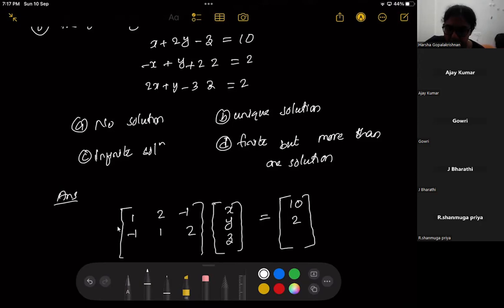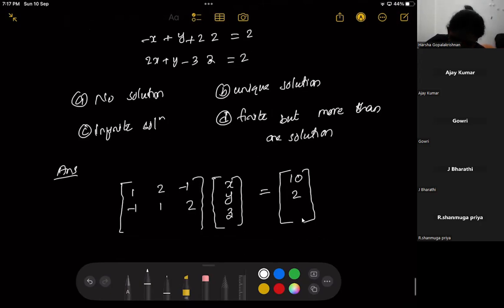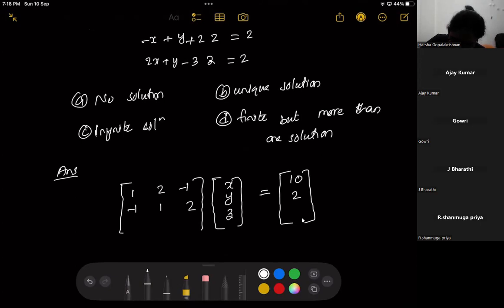So the second row gives the second equation: minus x plus y plus 2z equals 2. And the third row is 2, 1, minus 3, and here it is 2. So we have written this system in matrix form.